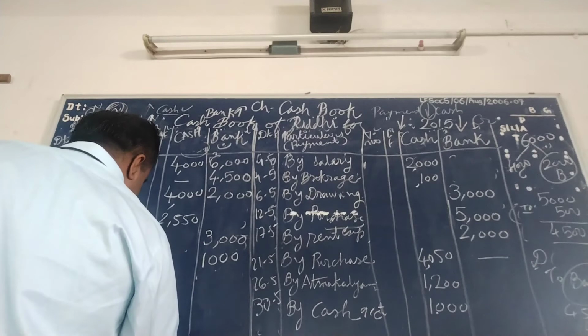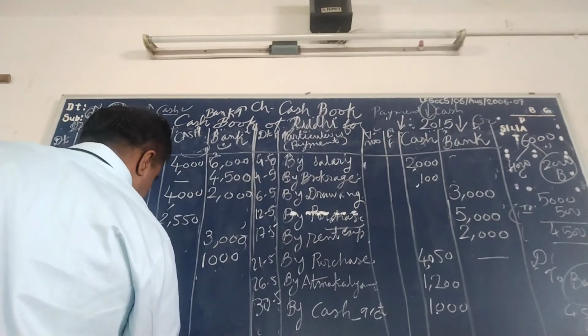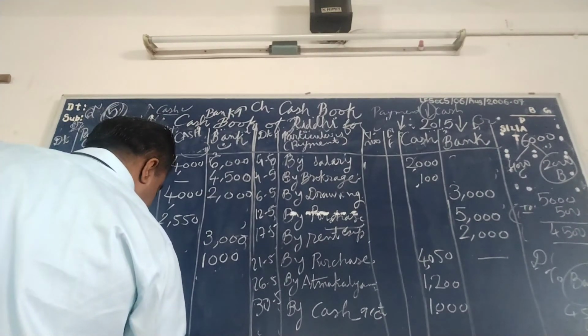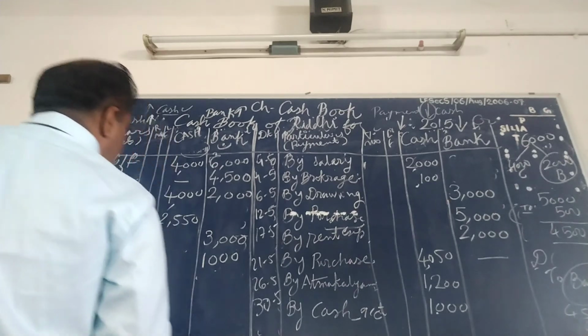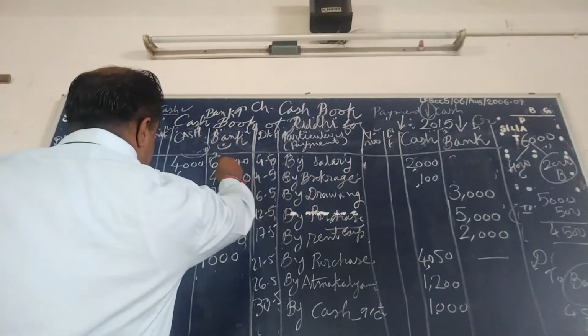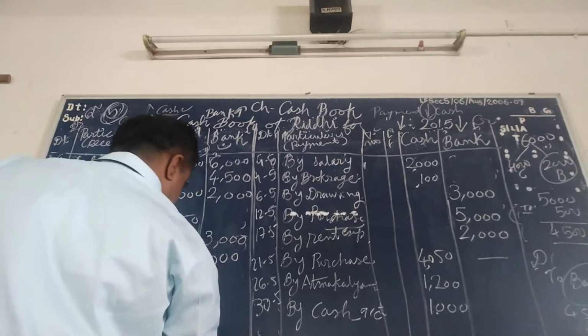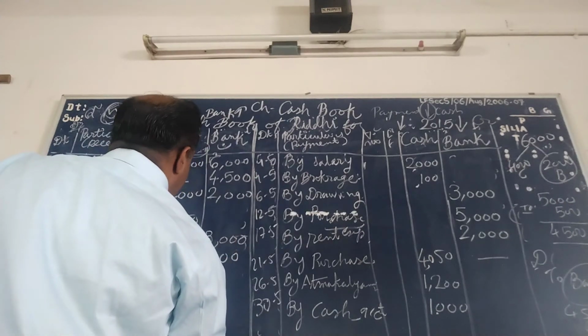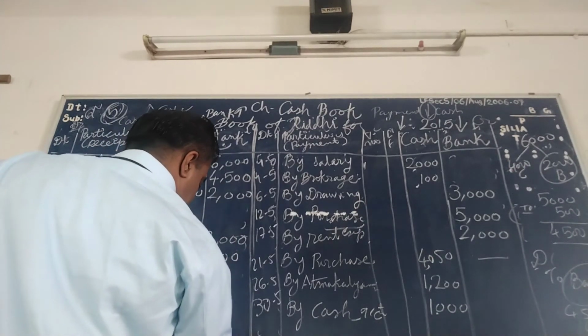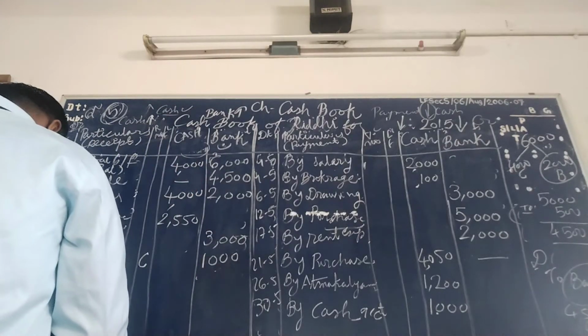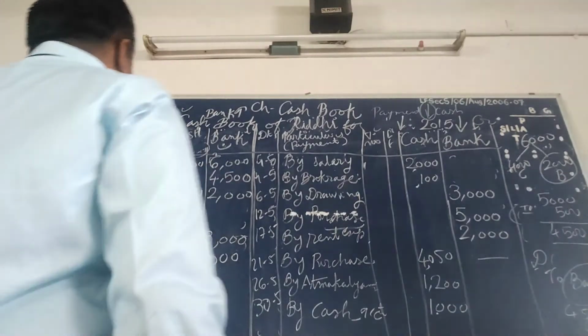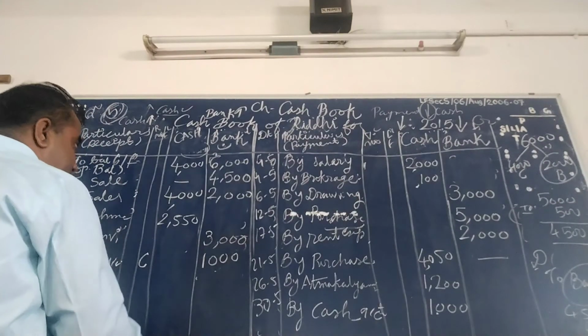The debit side cash column total is 10,550.